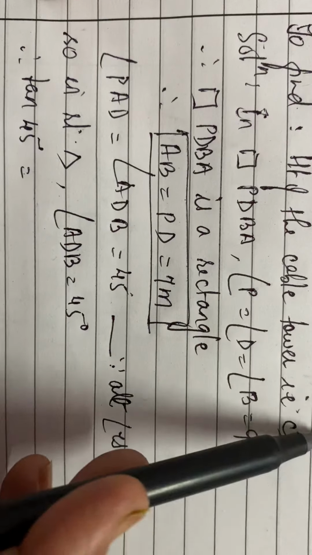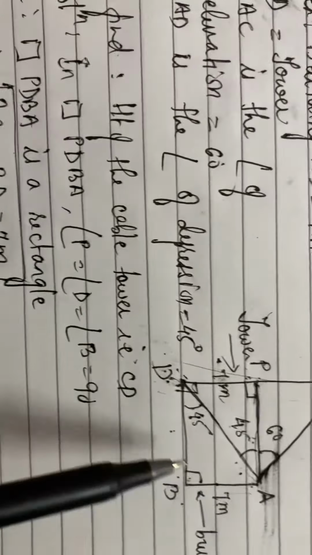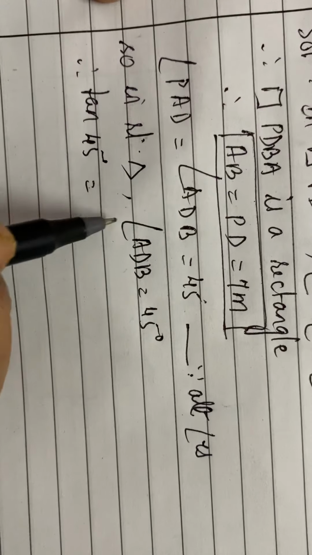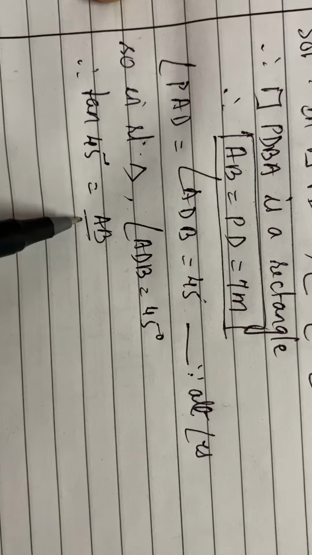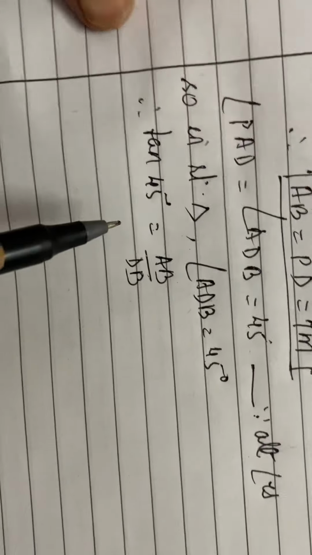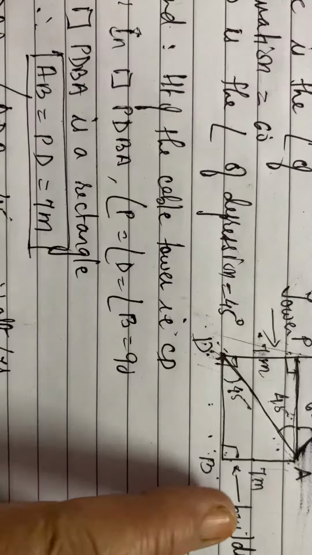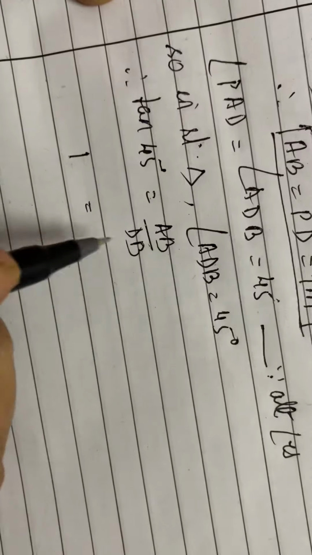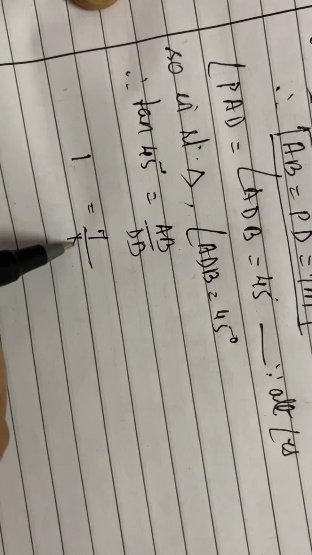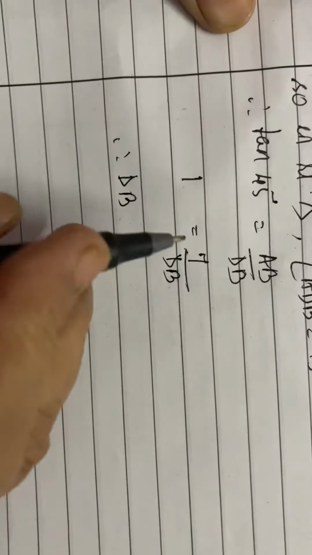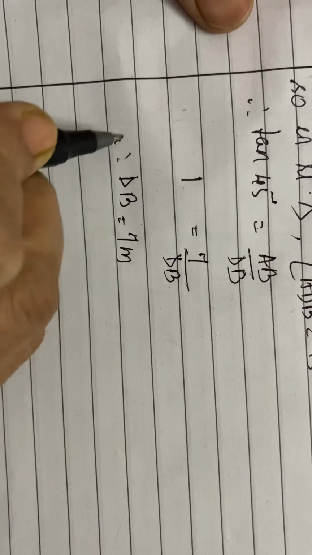Opposite is AB, adjacent is DB. This is your opposite AB. Adjacent is DB. The opposite, that is AB upon DB. Tan 45 is 1. AB you have 7 meter, see. So DB will be 7 meter only. So DB is equal to 7 meter.